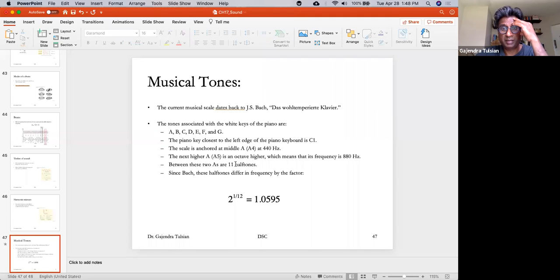So 440 times 2 is 880. And between them are 11 half tones, each half tone being higher by a factor of 1.06. So each half tone, the frequency increases by 6%. That's what that means.